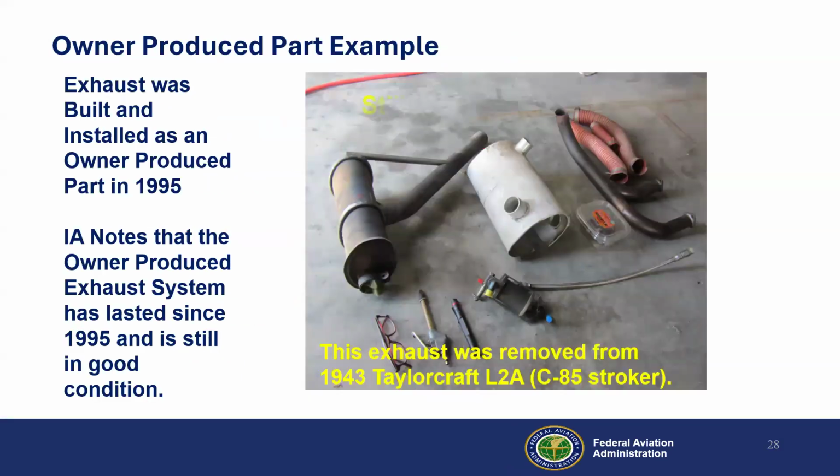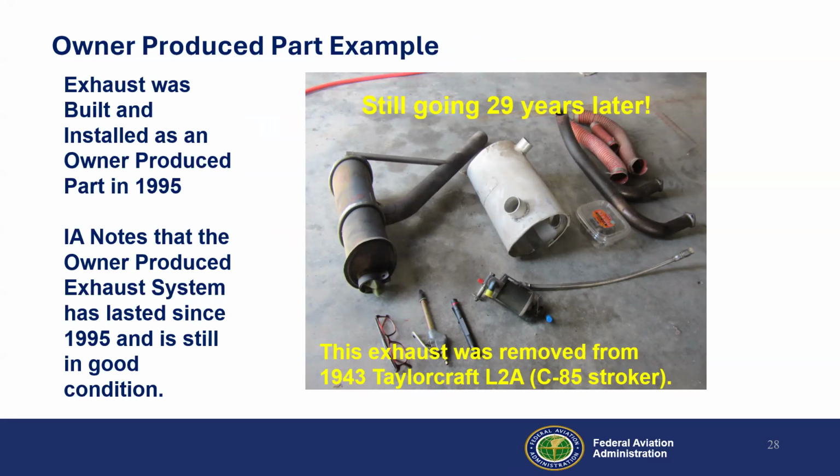And I had an interesting, I had one of our IAs in San Antonio district provide this example of an owner-produced part. And this came about when I was doing the presentation on exhaust systems. And he was working on this Taylorcraft from 1943.